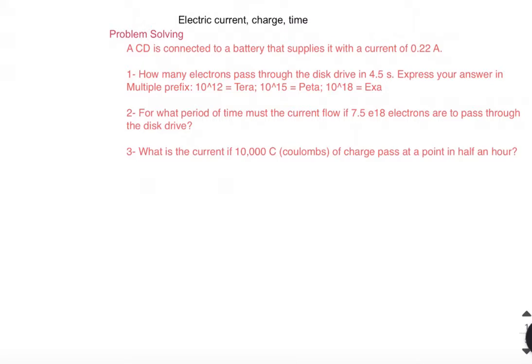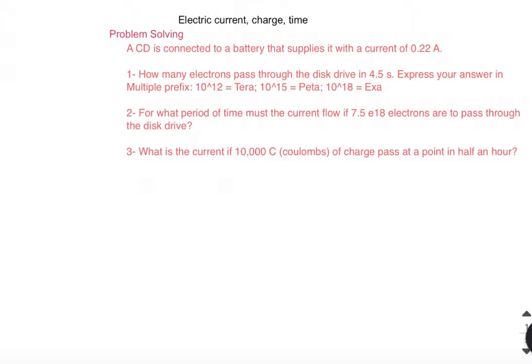So for the first question, how many electrons pass through the disk drive in a time t equals 4.5 seconds? If we write the data, we have the time given, 4.5 seconds. Remember that the unit for time is second.